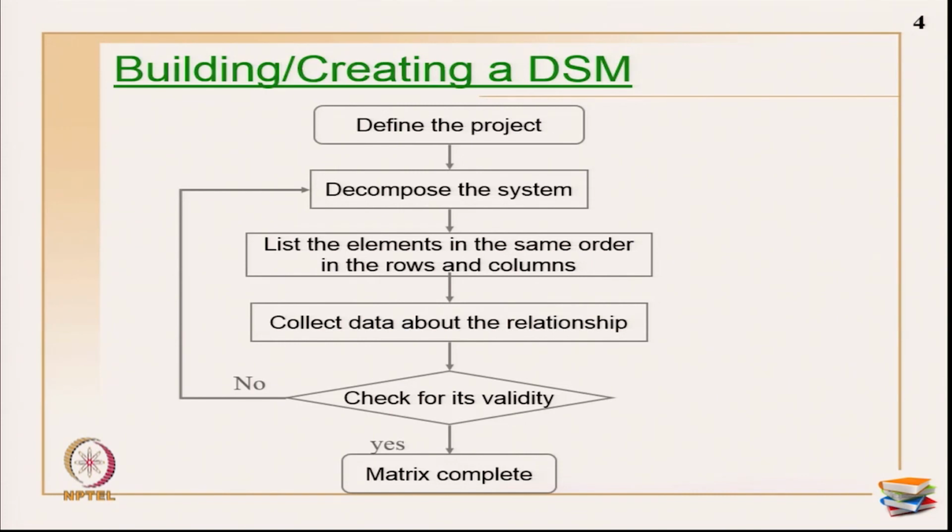The common method of decomposition we have seen in the earlier classes is WBS. You can use the same WBS methodology to decompose the system, stop at level 1, 2, 3 wherever you want, and build the DSM. I will show you that also in today's class with various levels of the DSM formation.